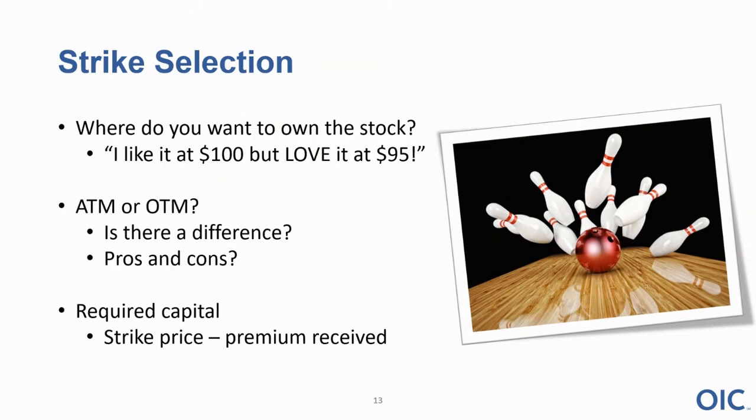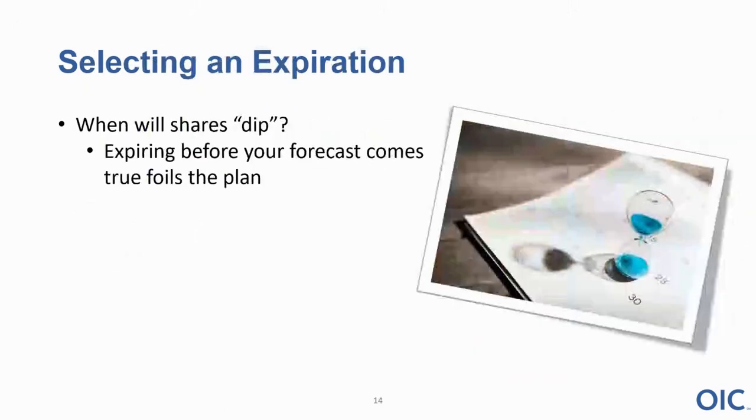Question number two is, how long do I think it's going to take to get there? And that comes into play when we talk about selecting an expiration date. In this particular case with the cash secured put, when are those shares going to dip? If we think that over the next 6 weeks the shares will decrease by, say, 5%, doing a 4-week trade doesn't really make a lot of sense.